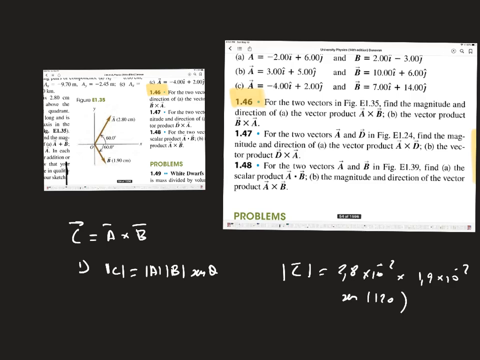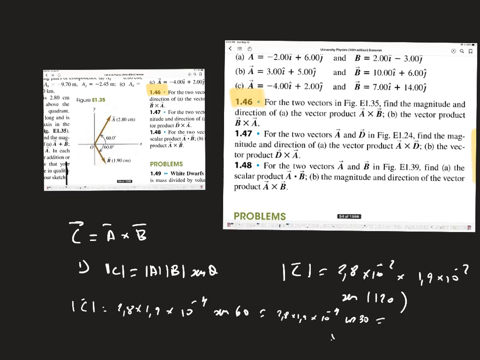The sine of 120 is the same as the sine of 60, so 2.8 times 1.9 times 10 to the minus 4 times the sine of 60. And the sine of 60 is the same thing as the cosine of 30.